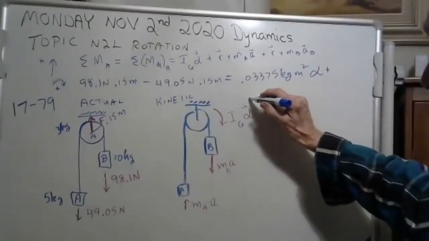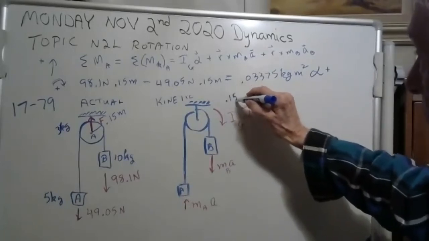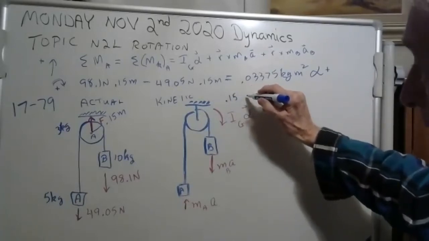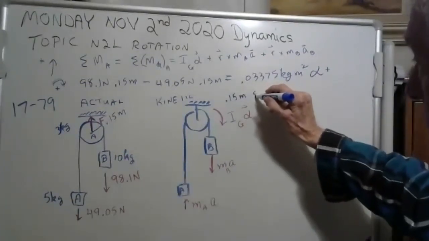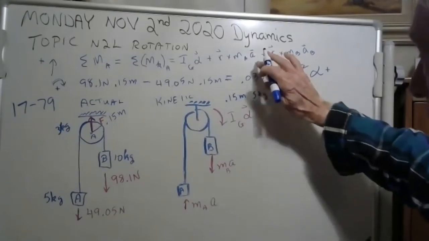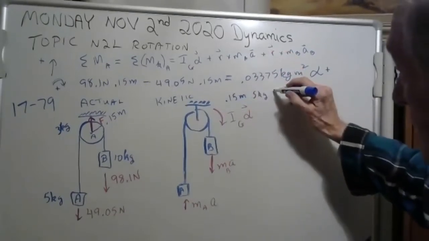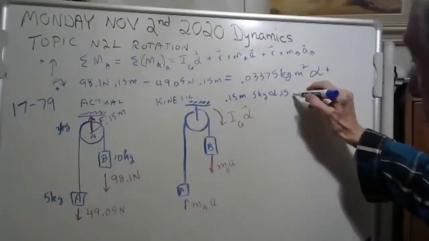Well, the R is 0.15, and the mass of A is 5. And the acceleration of A is alpha times 0.15.